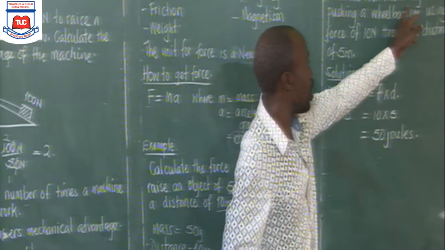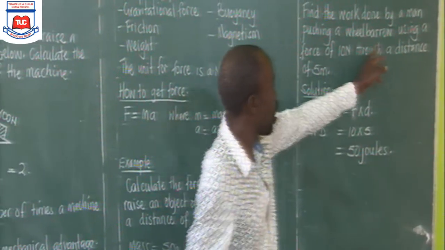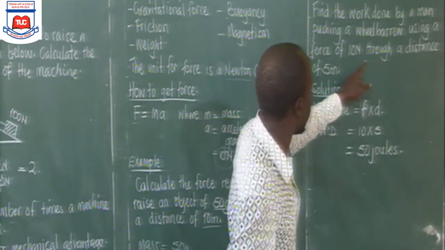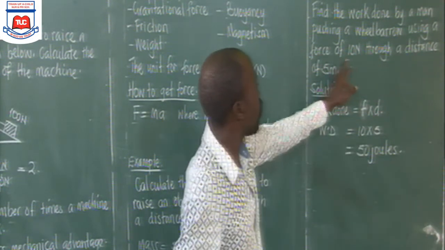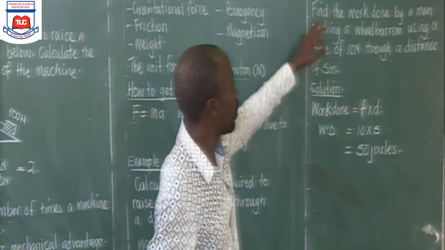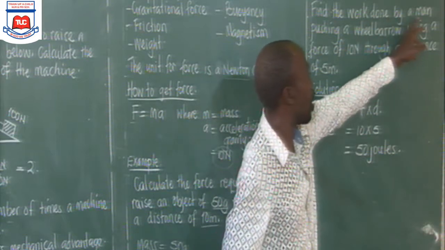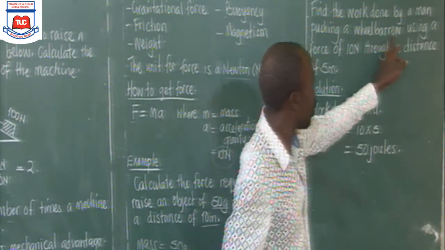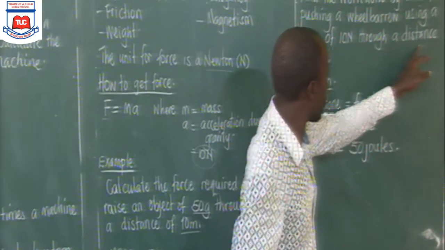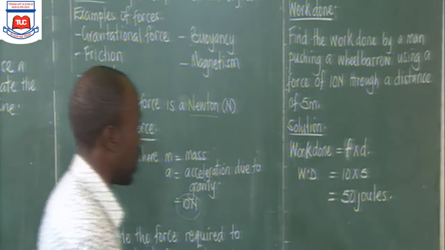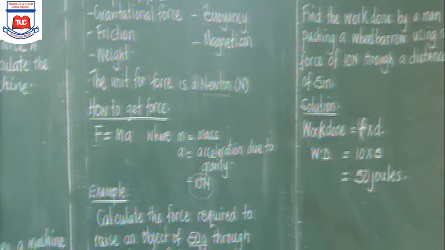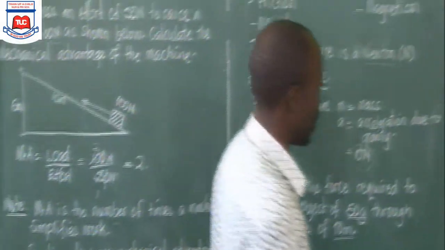Find the work done by a man pushing a wheelbarrow using a force of 10 newtons through a distance of 5 meters. I'll repeat that. Find the work done by a man pushing a wheelbarrow using a force of 10 newtons through a distance of 5 meters. Okay? Now, this is what we call calculating work done.